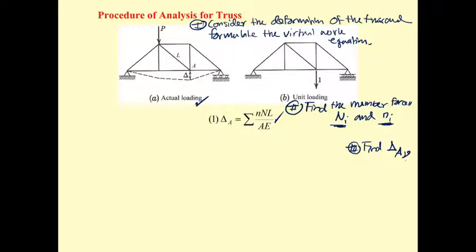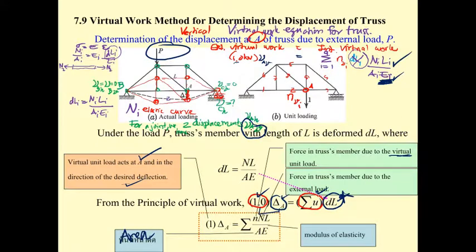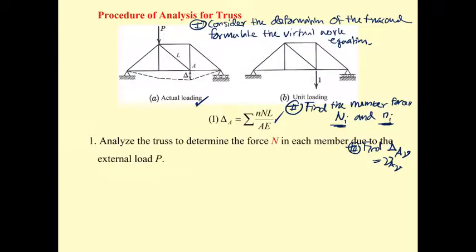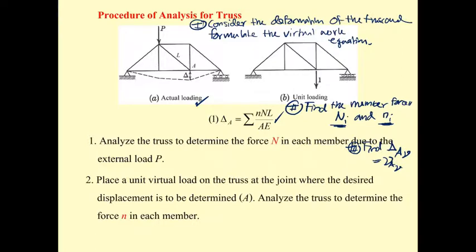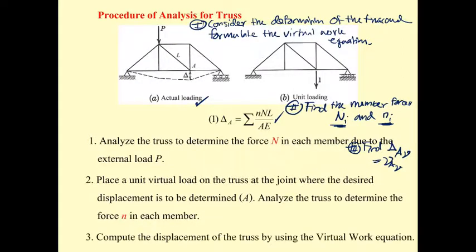Okay, so don't be confused. Sometimes I use delta, sometimes I use V. It's going to be the same. When you type on a computer, it's really nice to have the delta, and when you write it by hand, I sometimes prefer to use V. Okay, that is everything we have analyzed for capital N, and then analyzed for the small n, and then put it back into the virtual work equation, and then you get the result.